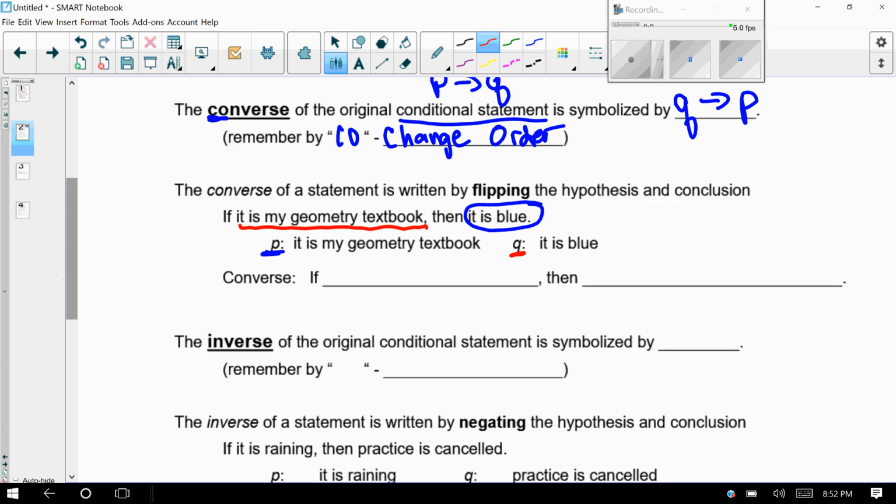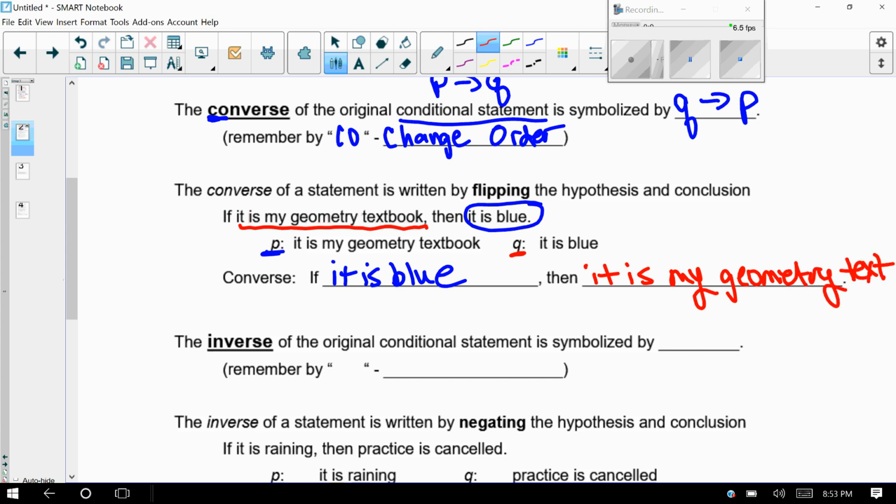Remember, Q comes first now. So we're going to say, if it is blue, then we're going to do P. It is my geometry textbook. You guys can write it out, textbook. You don't have enough room.